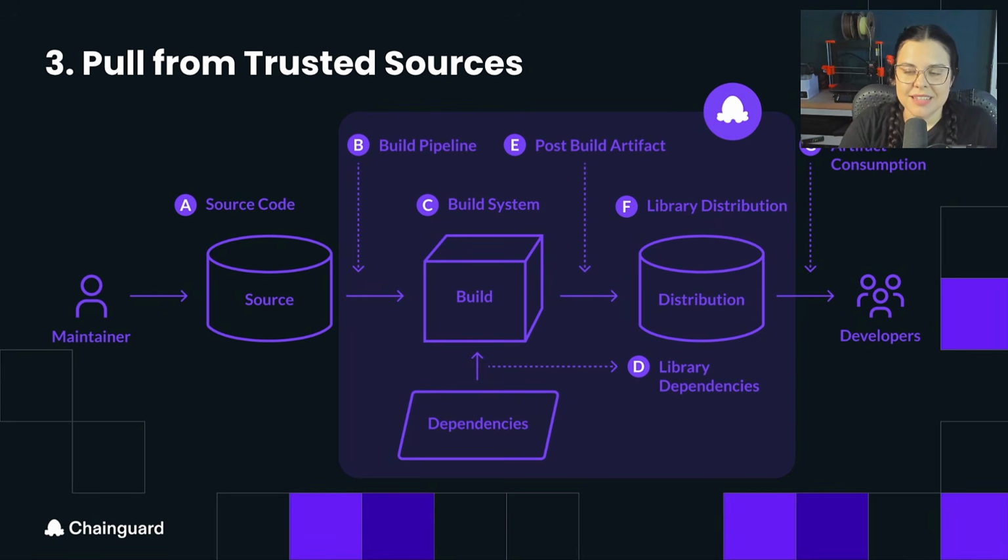One way you can reduce a lot of this risk is by pulling your language dependencies from trusted sources, using Chainguard Libraries. We have libraries for Python, Java, and JavaScript ecosystems at the moment, and the way it works is we make sure that the build environment is safe and tamper-proof, and then you can pull these dependencies directly from our repos, avoiding more than 90% of the risks involved with build and distribution time attacks.